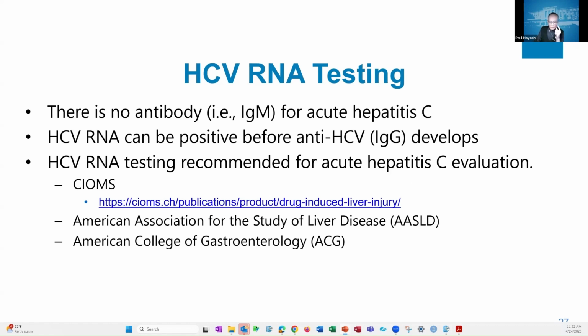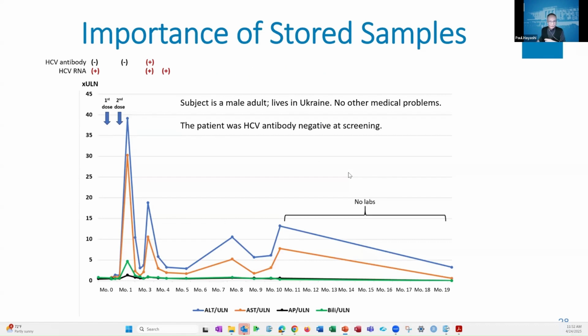And let me show you this next slide. This is my final slide about the importance and value of storing a blood sample when a liver injury occurs, and storing as many as you can get, actually. So this is a case of an adult male from Ukraine, getting a study drug, first and second dose.